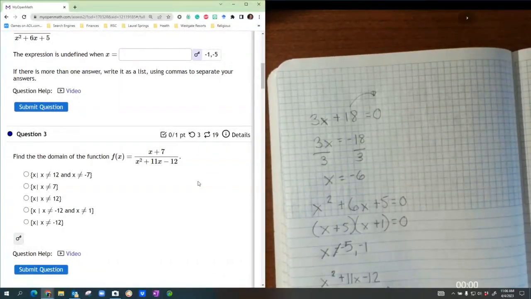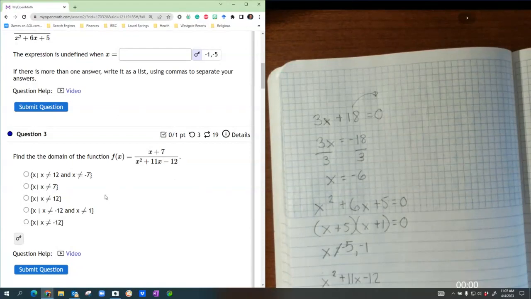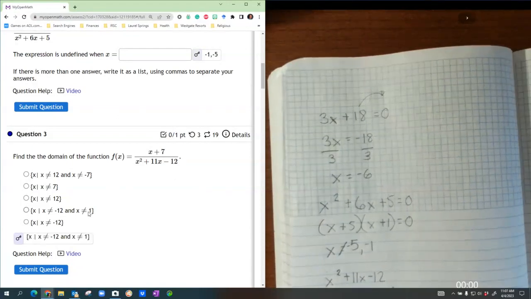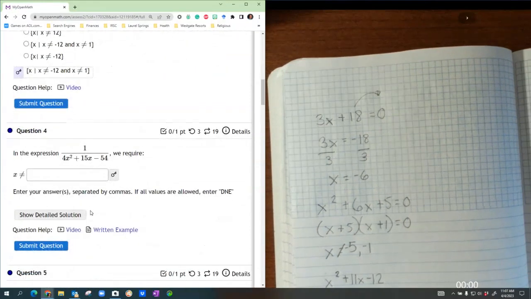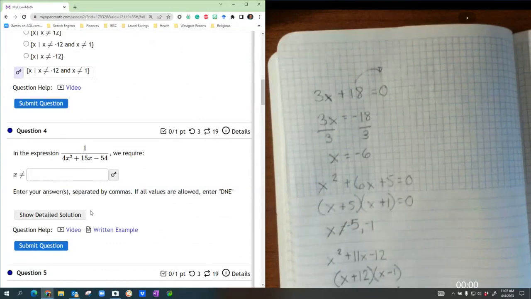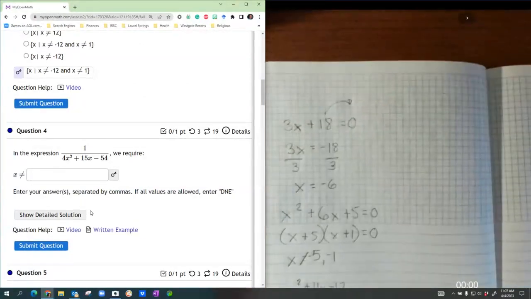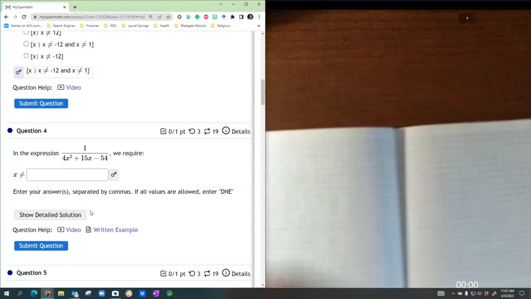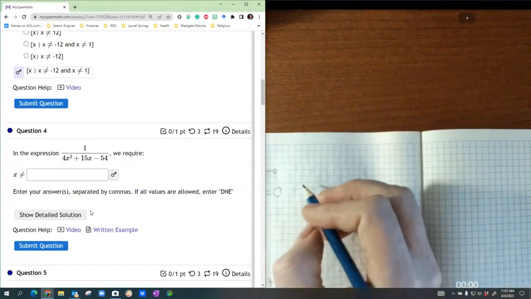That means x cannot equal negative 12 and positive 1. We put that as our answer. They keep doing this until they're sure you understand that you have to concentrate on the denominator. This is just an exercise in endurance, I suppose.